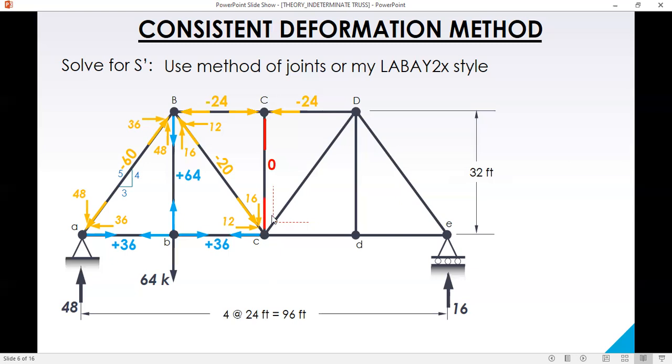So to balance, we need 16 na upward. So if we check the vertical forces, 0 na. And same with this one, if the vertical component is 16, the horizontal component is 12. Since they have the same slope, man.